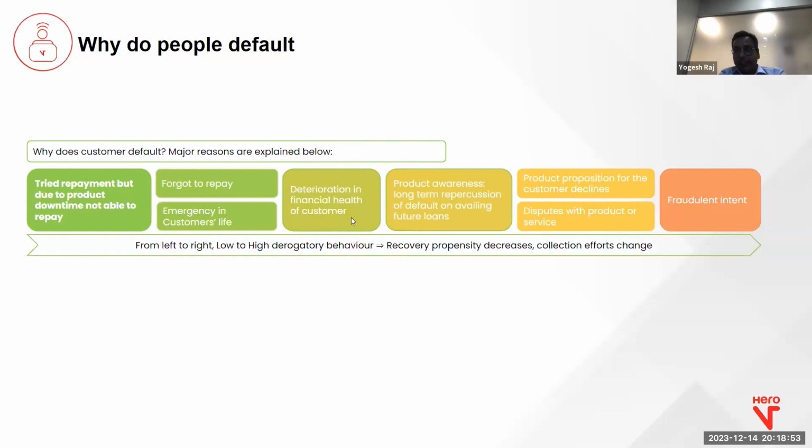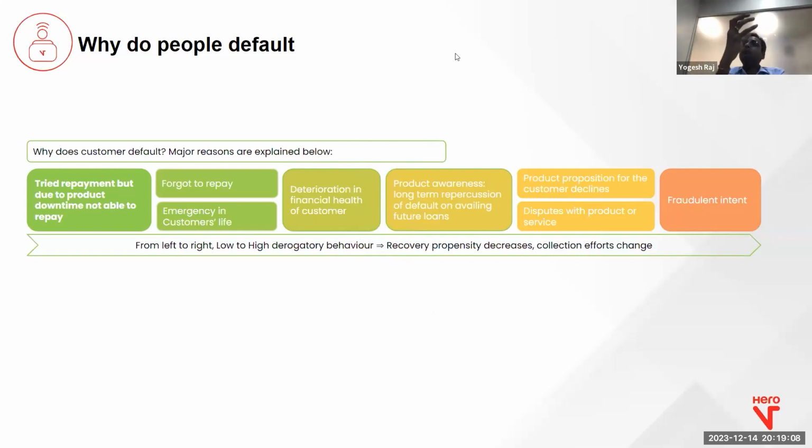But you are certainly aware that there is a data aggregator called a credit bureau. You would have heard about CIBIL, TransUnion, or many others. There are four credit bureaus which exist in India.